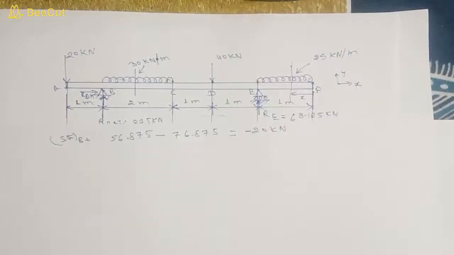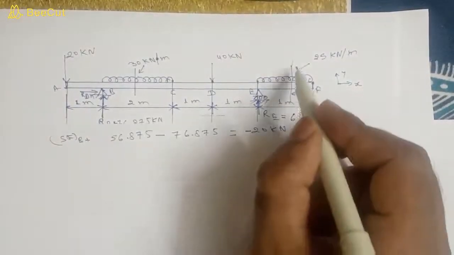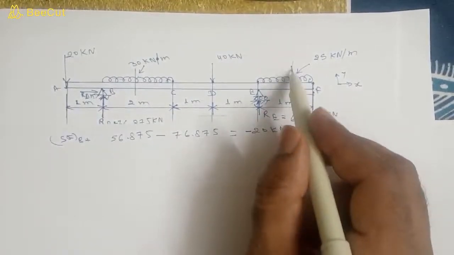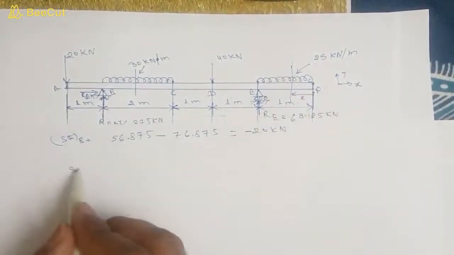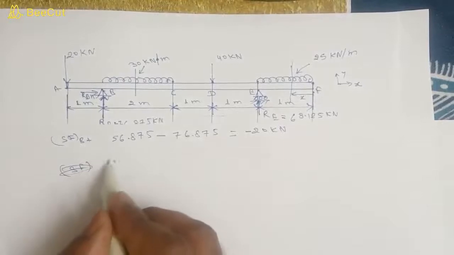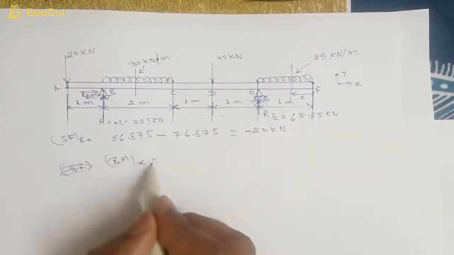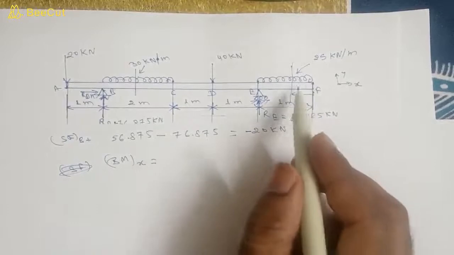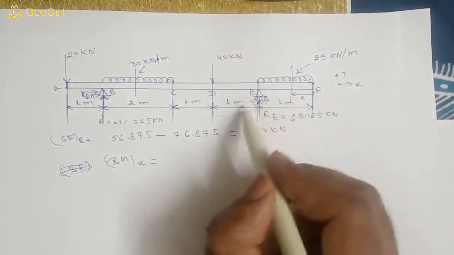So now we will draw the bending moment diagram. For this beam, suppose we take a section X at X distance. At this section, the bending moment at X is equal to minus, negative, because this is causing hogging moment.